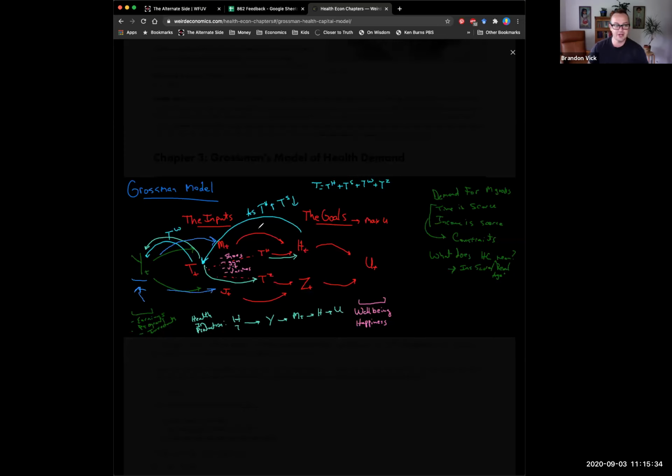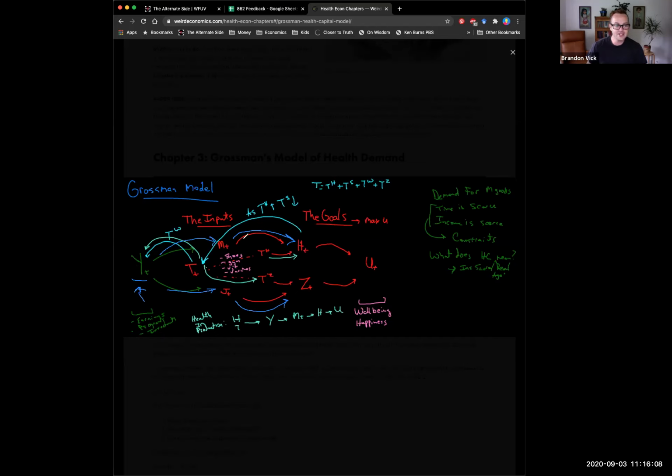Remember M goods. If I have more income, I can buy that fancy bicycle or better running shoes or the gym membership. If I buy those, that does give some opportunity to generate better health. But it also generates the opportunity to buy other stuff. Maybe I invested in a new car instead.